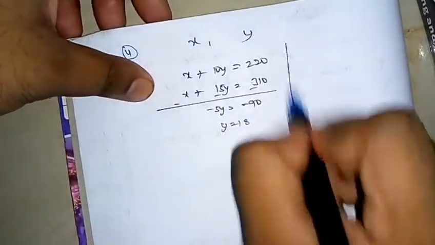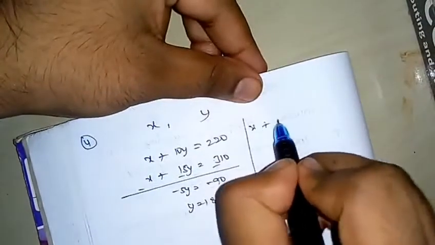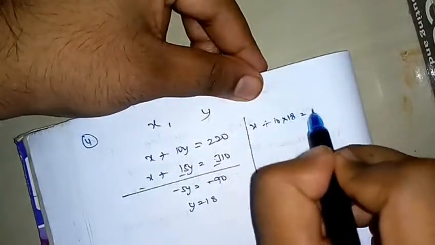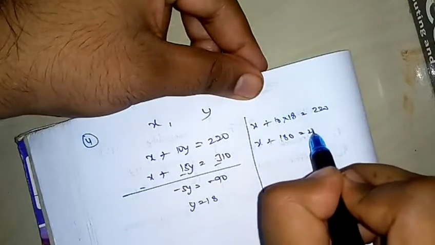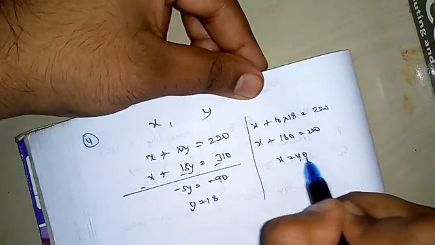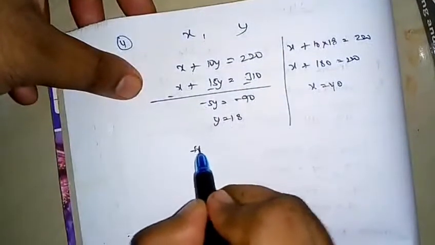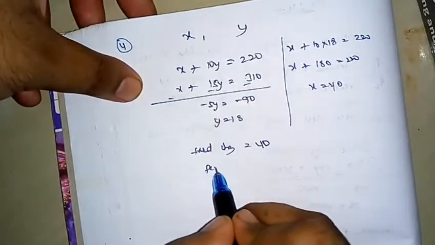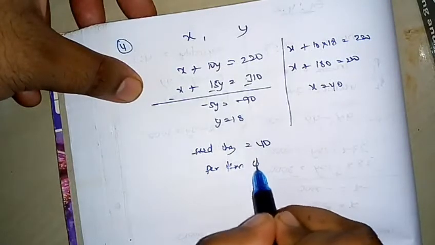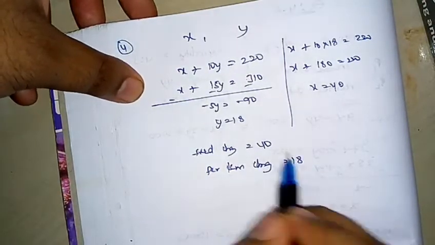Substitute 18 in the first equation, you get x plus 10 into 18 is equal to 220. So x plus 180 is equal to 220. So x is equal to 40. Fixed charge is equal to 40 rupees and per kilometer charge is equal to 18 rupees.